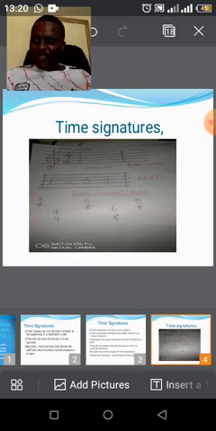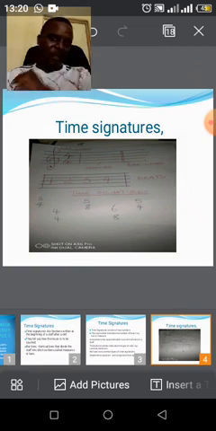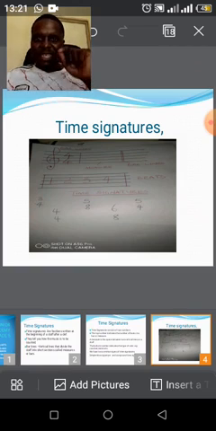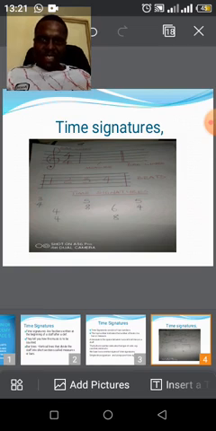Now we have 4 over 4 that is written there after a clef. That is what we call a time signature. The time signature is placed after a clef. 4/4. If you look again, we've got some vertical lines that are there on a staff.